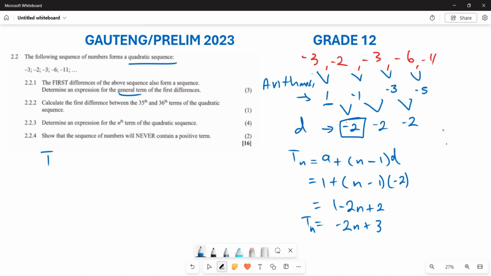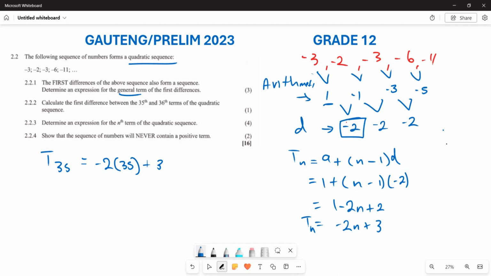If term 35 is same as -2 into 35, plus 3, what is going to be the answer that you're going to find here?